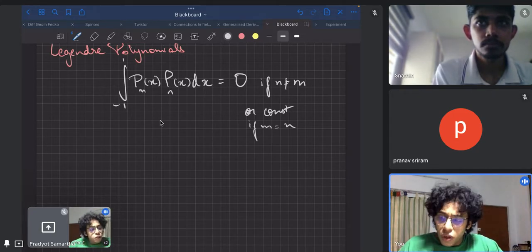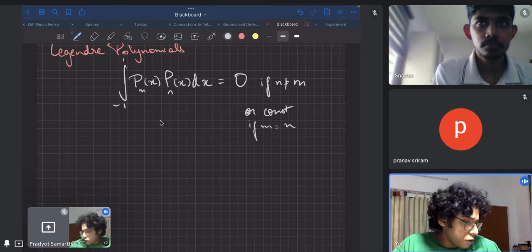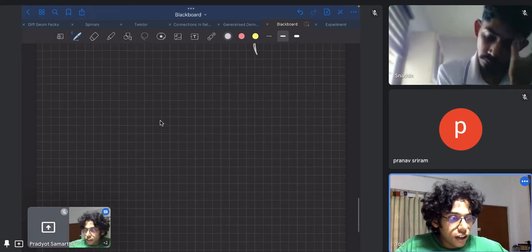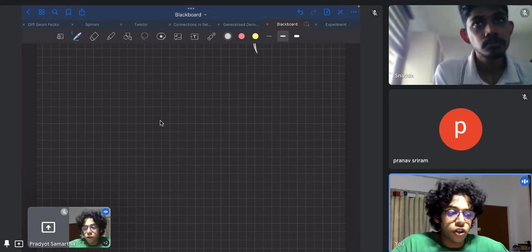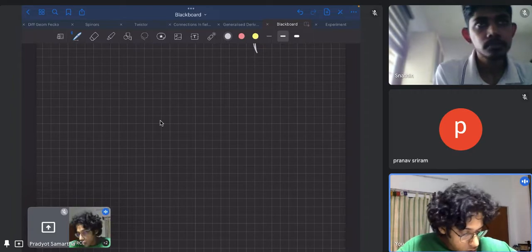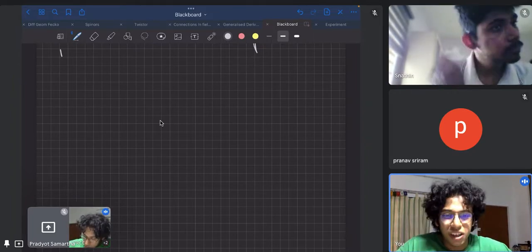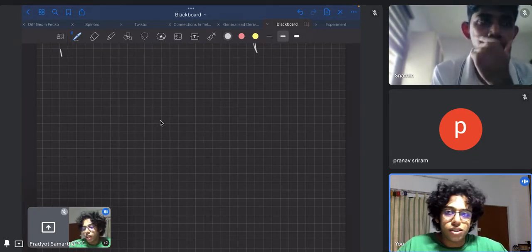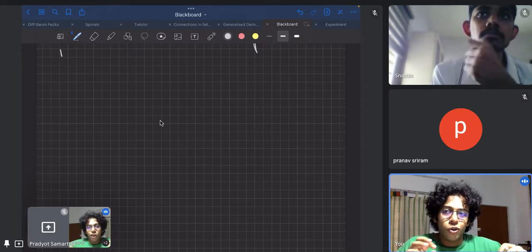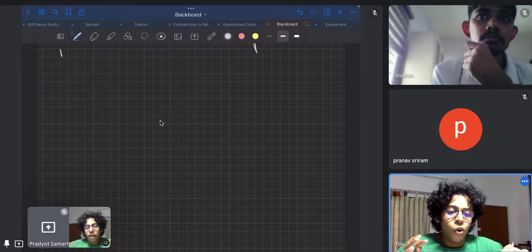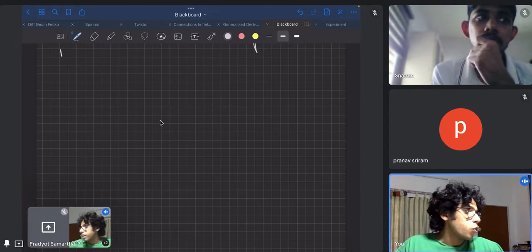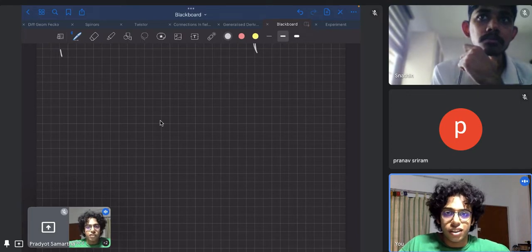Now the particular way Legendre polynomials are defined or introduced is they have a very particular generator. Let's just try to understand how some weird assumptions can lead to actually very interesting things.